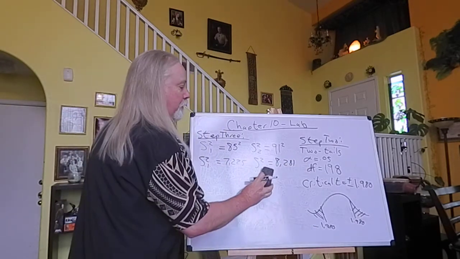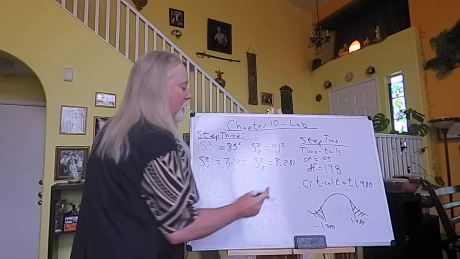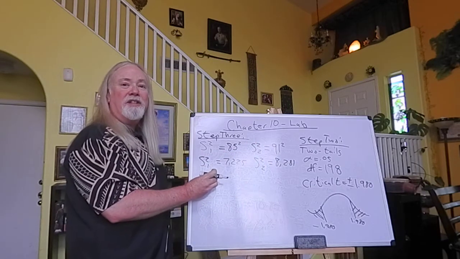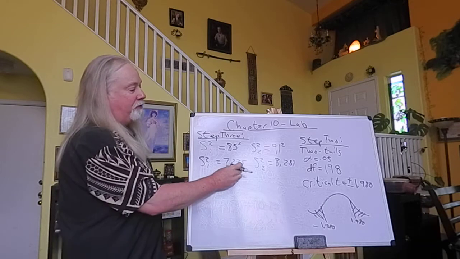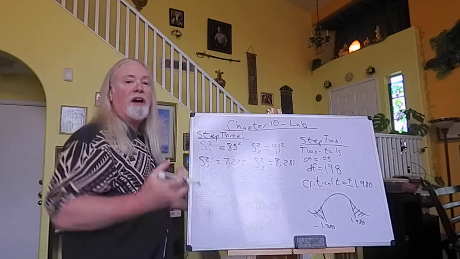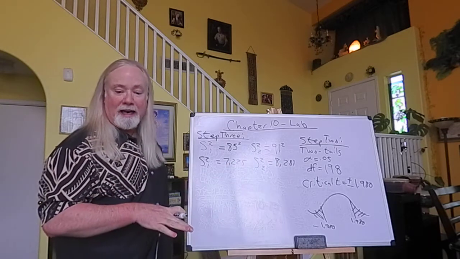Oops, not pooled, just for the second group. So we now have the sample variances for each sample. Now we could, again, take the shortcut: 7225 plus 8281 divided by 2, because there's two numbers there, and we would get the correct answer.